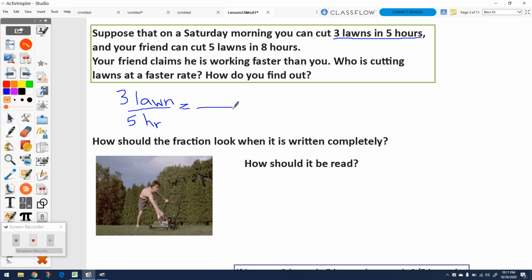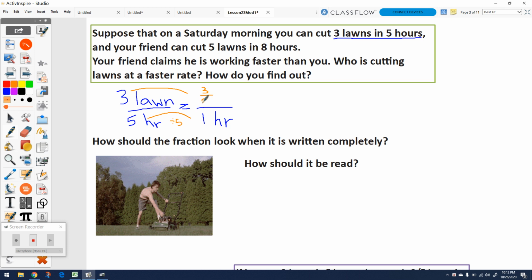Hopefully you can remember what a unit means. Yeah, our bottom number has to be a 1. So we need this to be 1 hour. How did we get from 5 to 1? We divided by 5. And since we did that to the denominator, we're going to divide the numerator by 5 also, which would be 3/5.